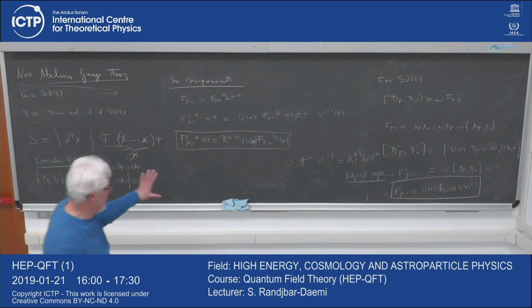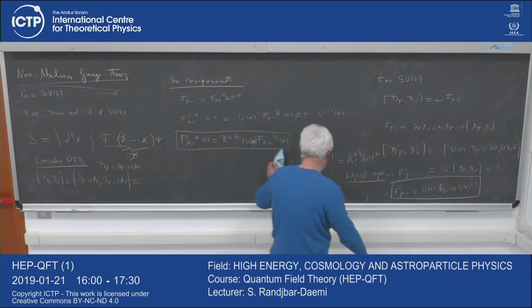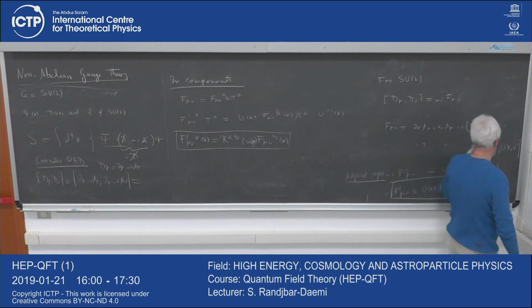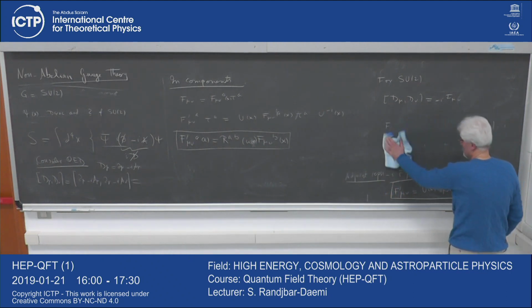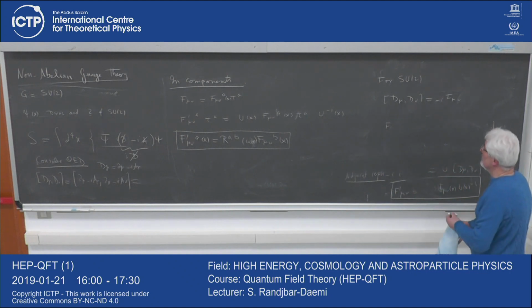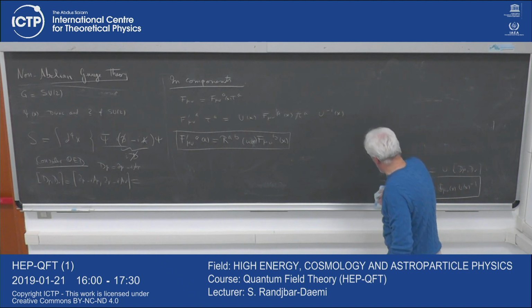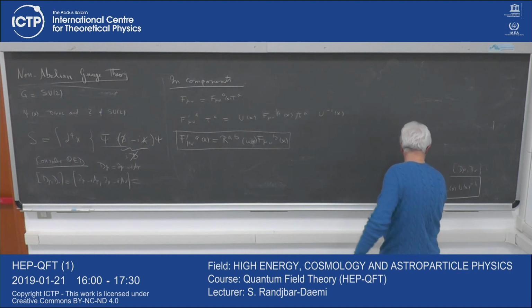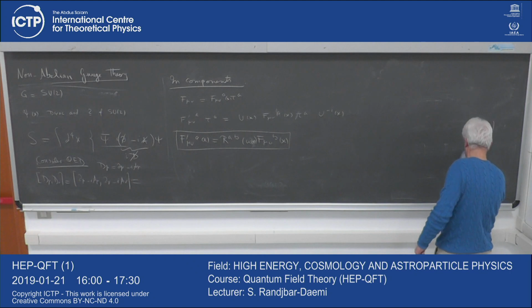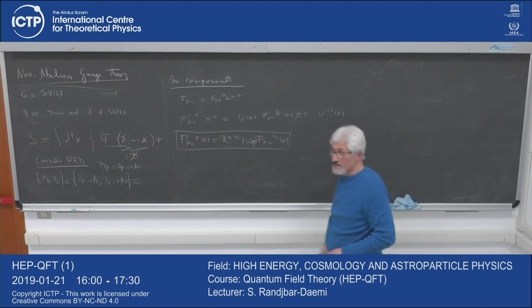So F has a nice linear homogeneous transformation property. A has a more complicated transformation property. A by itself obviously cannot be a physical object, for the same reasons that in the QED case it's not a physical object.